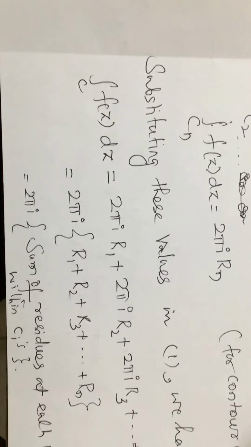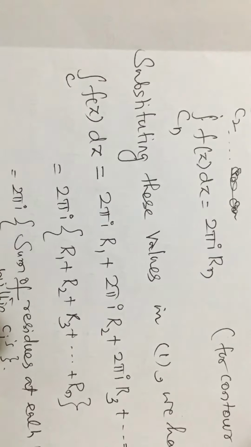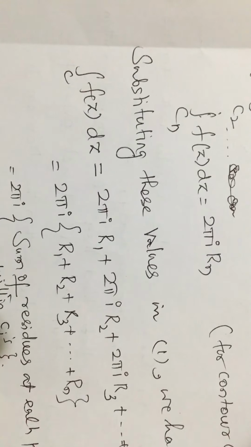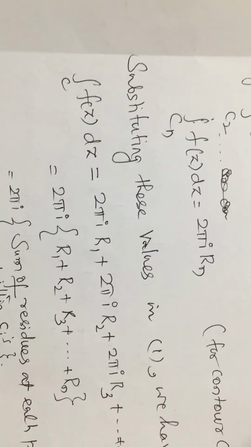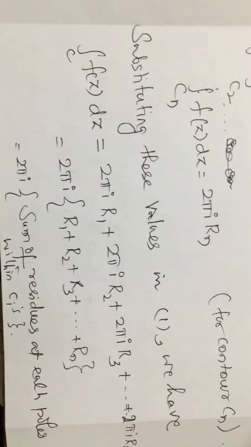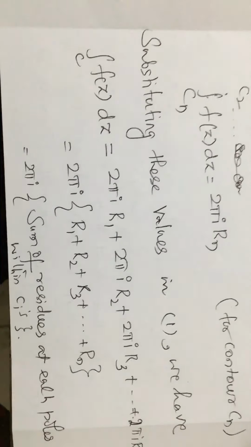So this is the result of Cauchy's residue theorem: the integral of f(z) dz over the considered contour C is 2 pi i times the sum of the residues at each pole of the contours C1, C2, C3, up to Cn.